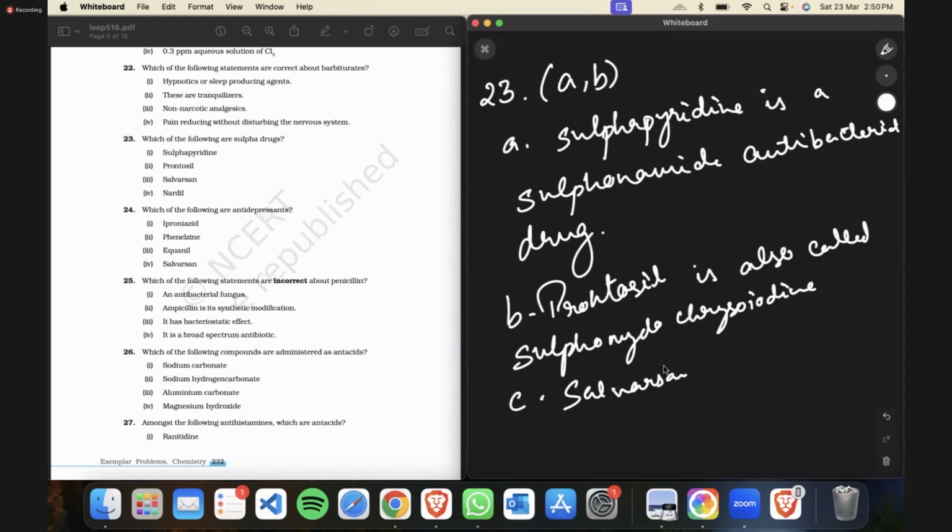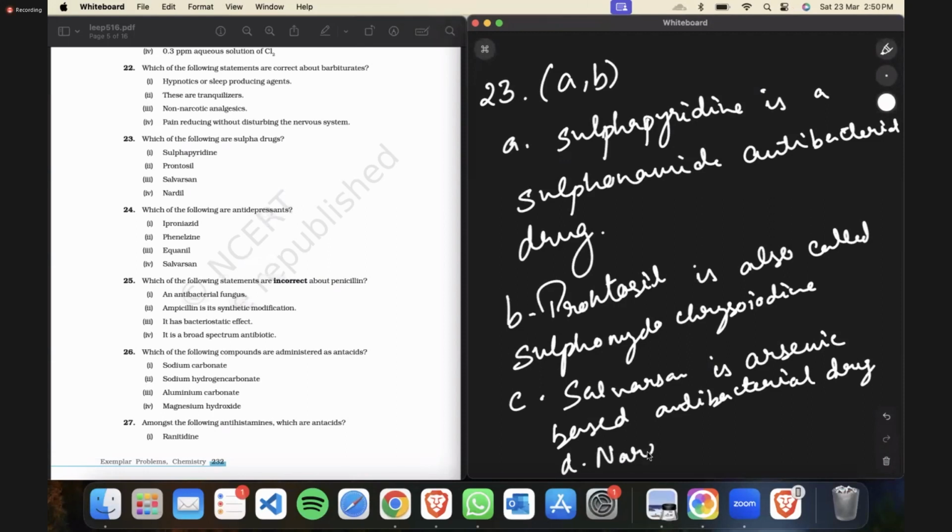Salvarsan is an arsenic-based antibacterial drug. And the last option D, Nardil, is an antidepressant.